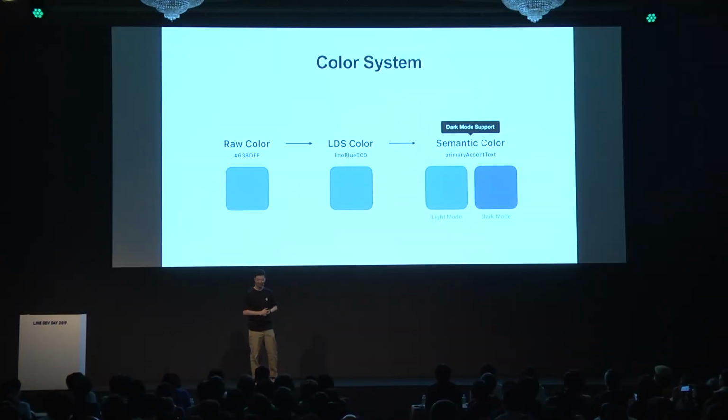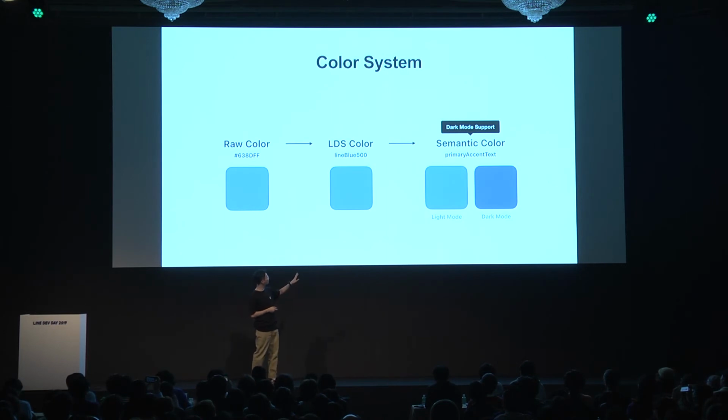So let me rephrase. This is the progress of the color system. In early days, there was no color system at all. Everything about color was a raw color value. Then we labeled them into LDS colors, such as line blue 500.